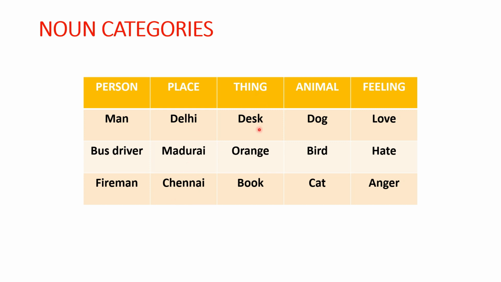Under thing we can have desk, orange, book, paper, pen, everything will come under thing. For animal we can have dog, bat and cat. And for feeling we can have love, hate and anger. So these are all the noun categories.